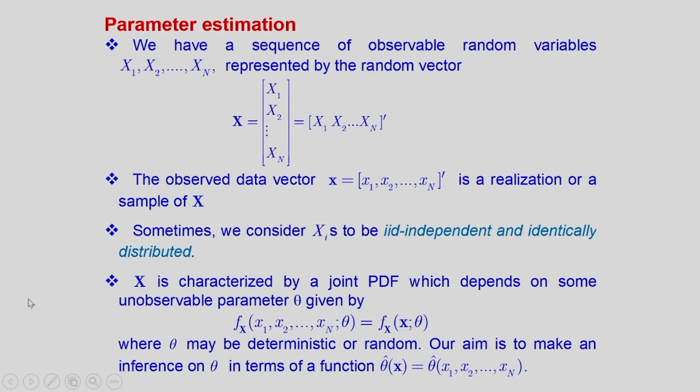We can write the joint PDF in terms of a parameter theta, and in the vector notation we will omit this x also. So, this will be simply f of x, theta.